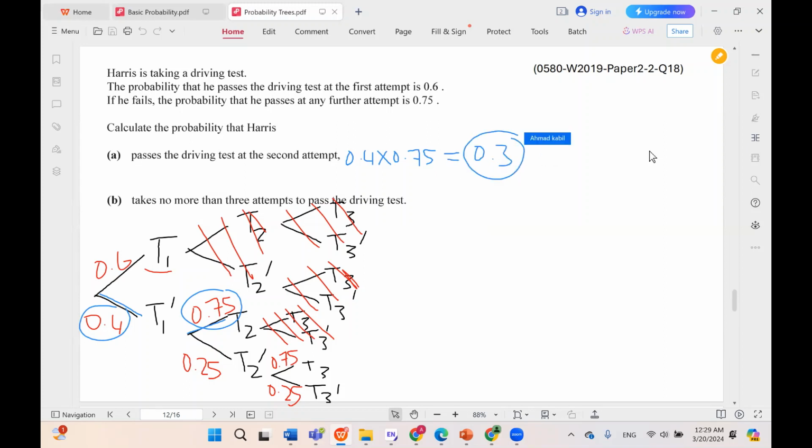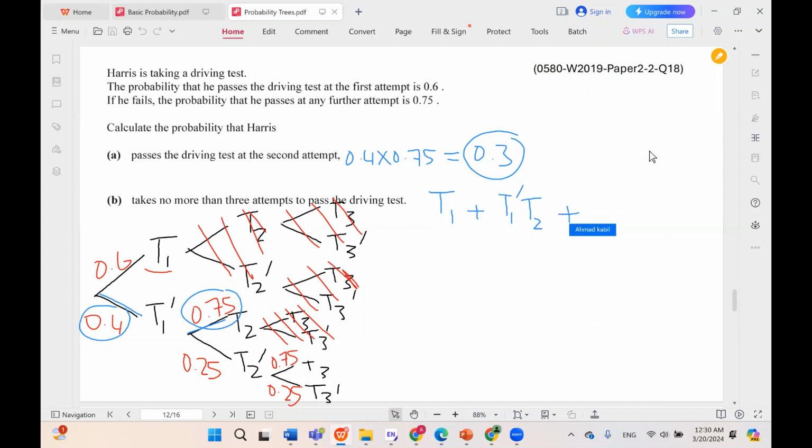In B, we want the probability that he takes no more than 3 attempts to pass the driving test. So there are 3 scenarios for this to occur. He can either pass on the first time, or he can fail on the first time, but pass on the second time. So T1 dash and T2.